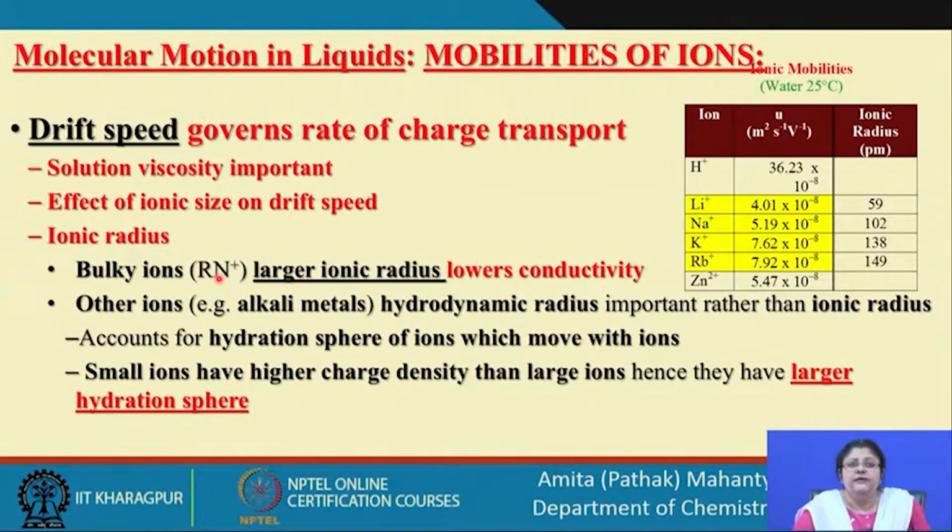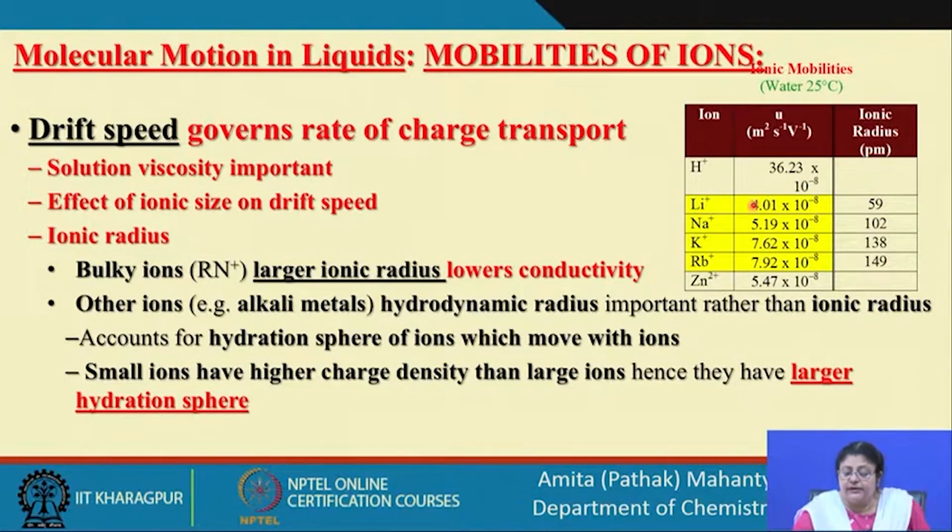Now, other ions like the alkali ions, like sodium, Na plus, these alkali metals. Just have a look at what we have here: lithium, sodium, potassium, rubidium. These are the alkali metal ions. Okay. What is happening here?